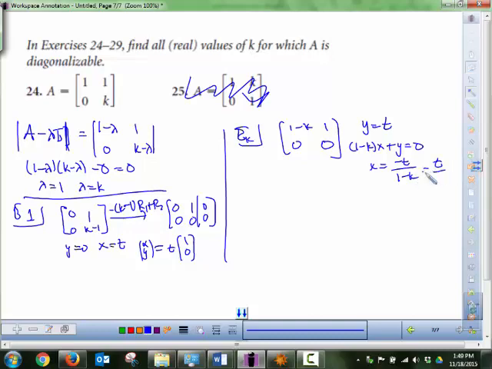I don't know if it'll make a difference. In any case, your solution for the null space is going to be 1 over K minus 1, and then the second one is just T, so factor the T out and you get that. So this is your eigenvector for K.